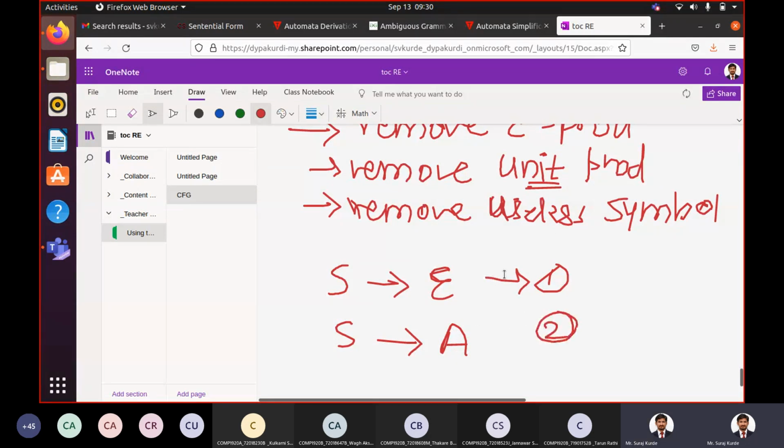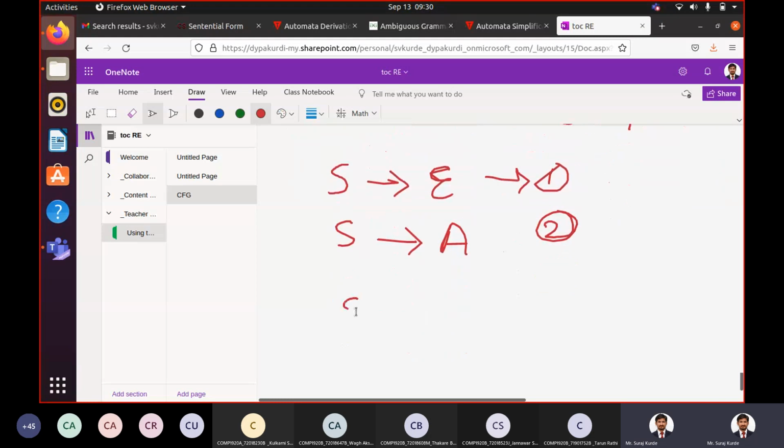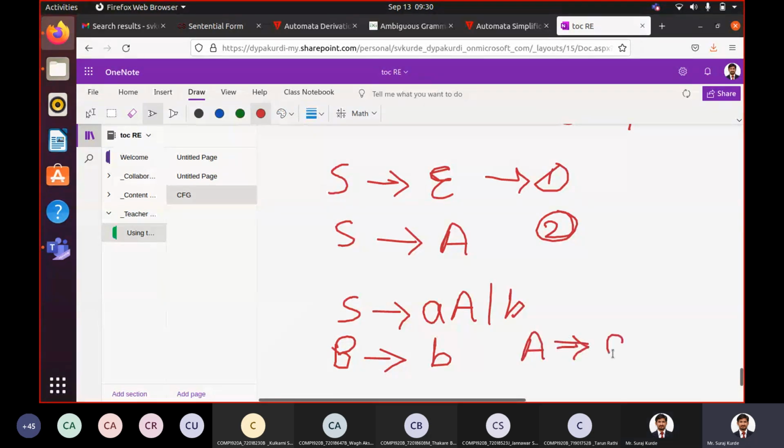This is a unit production. And what is a useless symbol? S produces A, or let's say B. B produces small b, and capital A produces, let's say, A or AA.